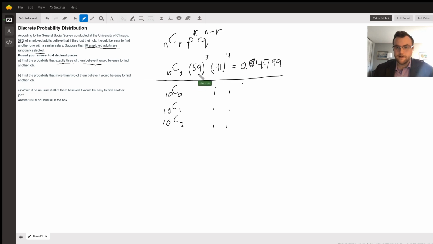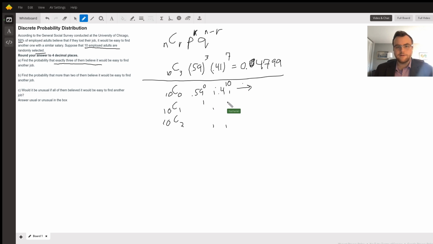So for this one, we will do 0.59 to the 0th power, and then multiply that by 0.41 to the 10th power. Then we will get a value for that.